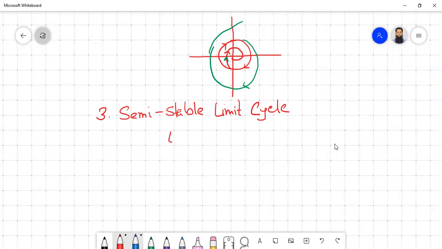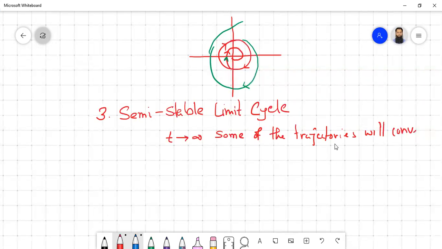So as t goes to infinity, some of the trajectories will converge, and some of the trajectories will diverge.